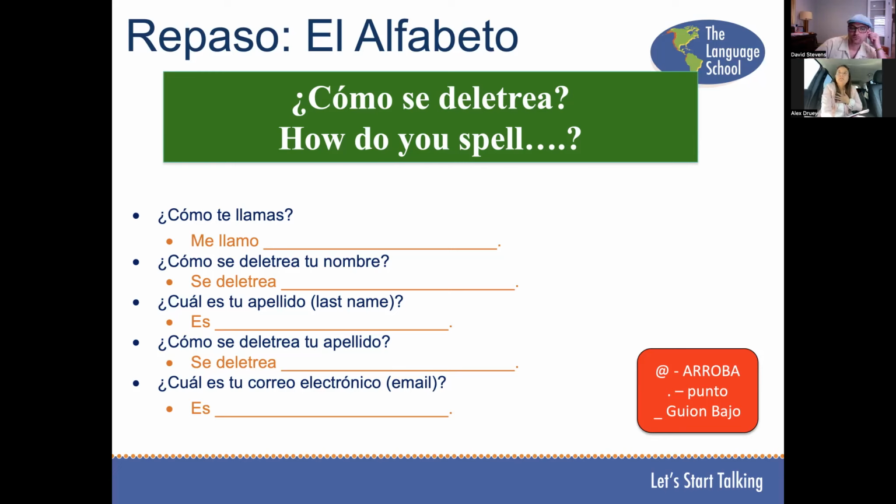Okay. ¿Cuál es tu apellido? Es de, are, u, e, ye. ¿Cuál es tu correo electrónico?